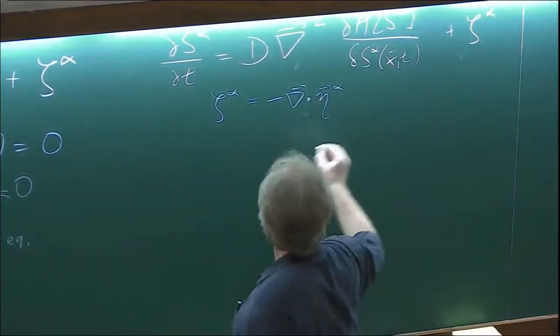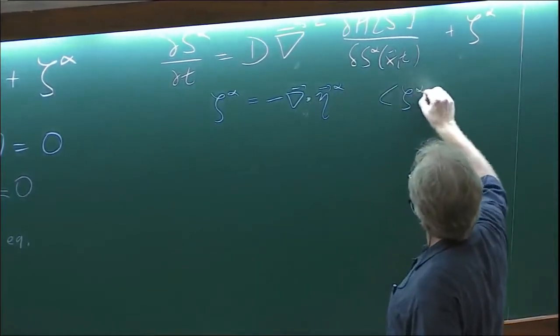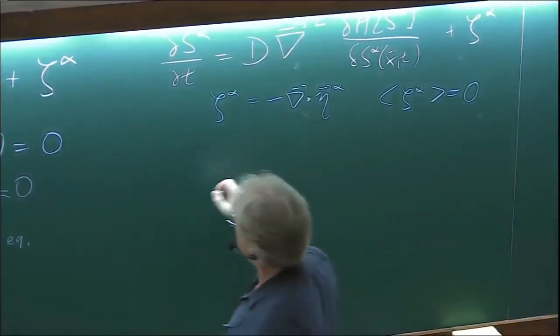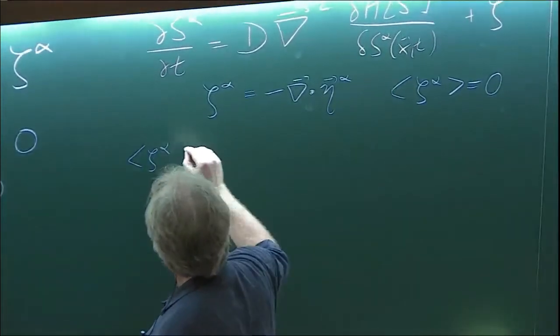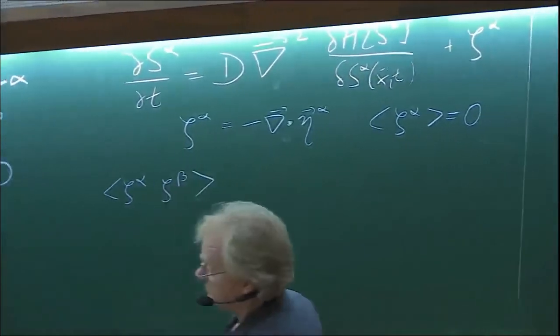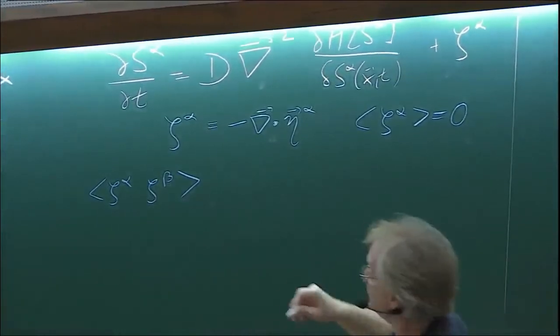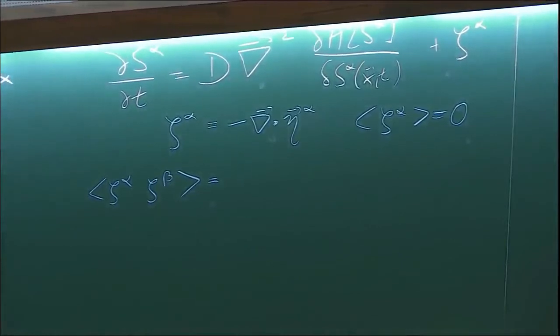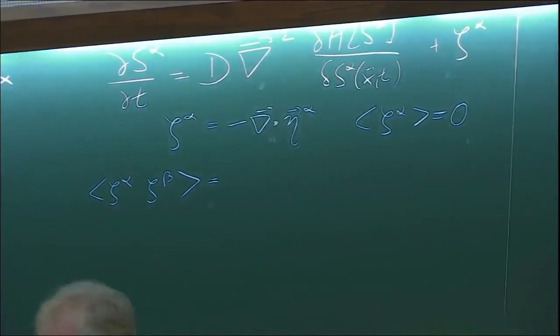Now I can write down the correlations for the zetas, right? So this is still 0 because this doesn't matter. And then for the correlations, let me just drop indices here on this side. I get a divergence on x and a divergence on x prime. I can combine that by just a negative Laplacian on x.